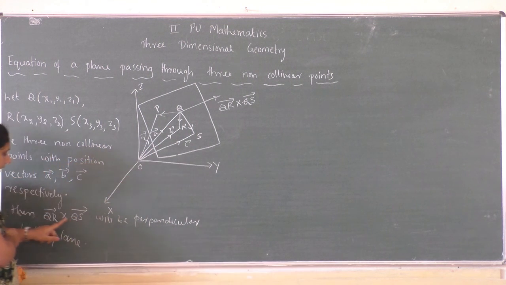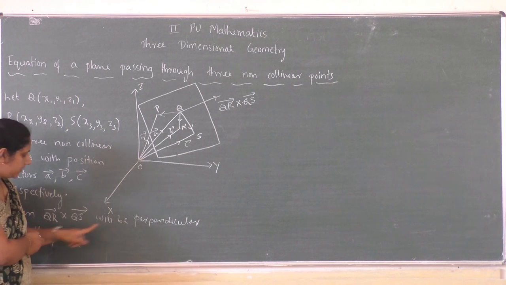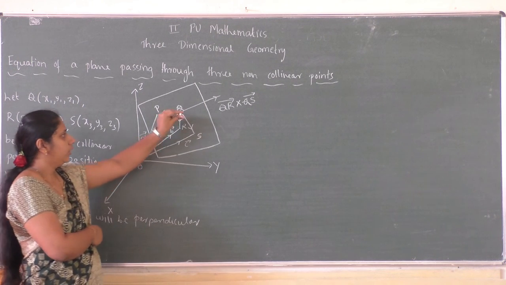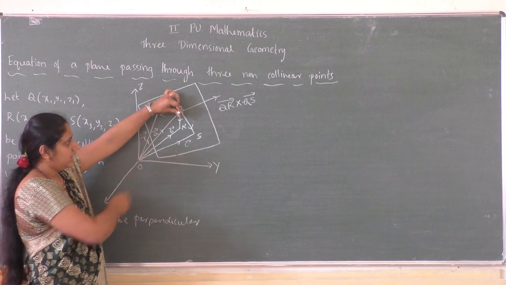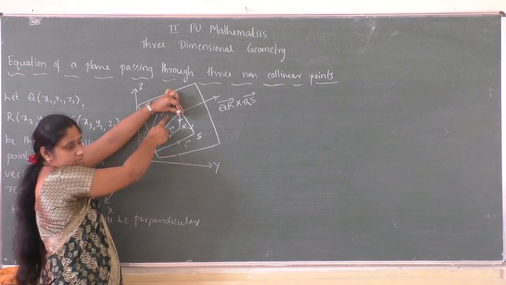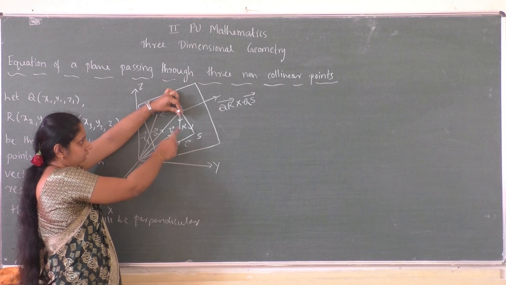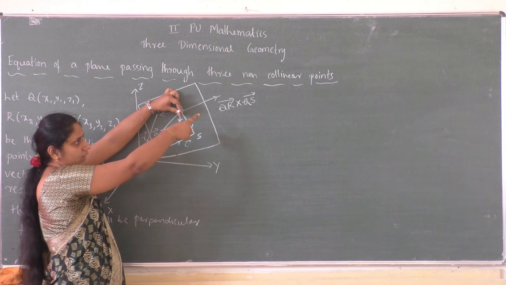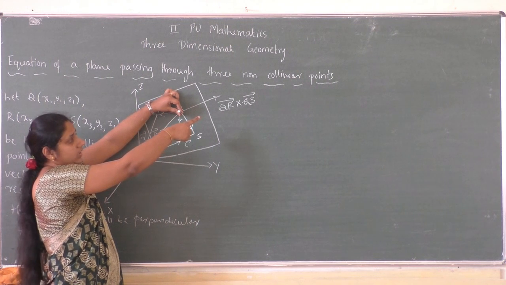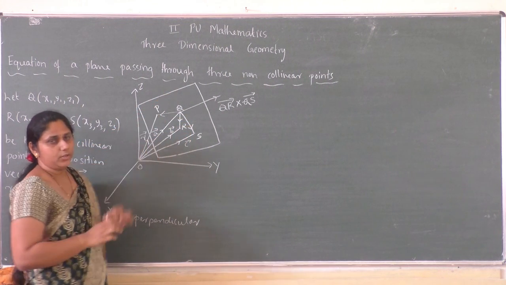And already we know that the cross product of QR and QS vector is perpendicular to the plane. So QR vector cross QS vector looks like this. Since QP vector also lies on the same plane, you can say that vector QP and the vector QR cross QS will be perpendicular to each other.